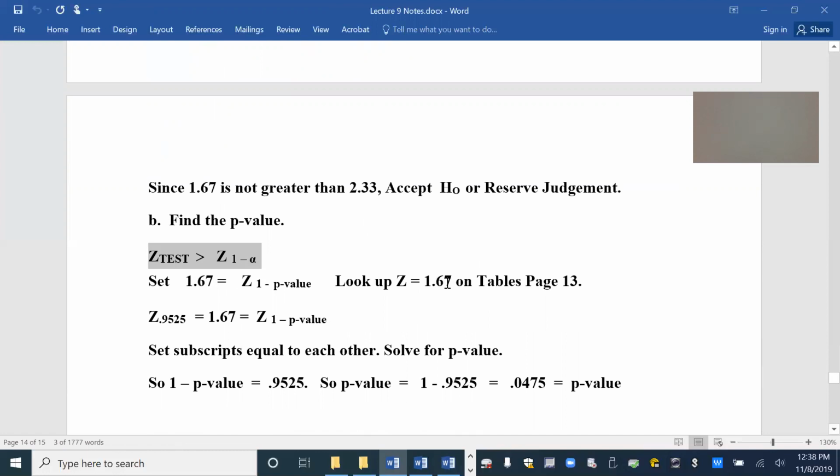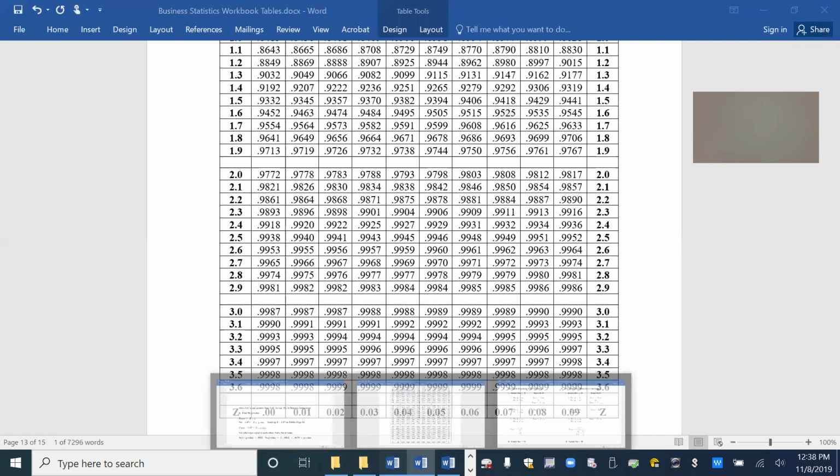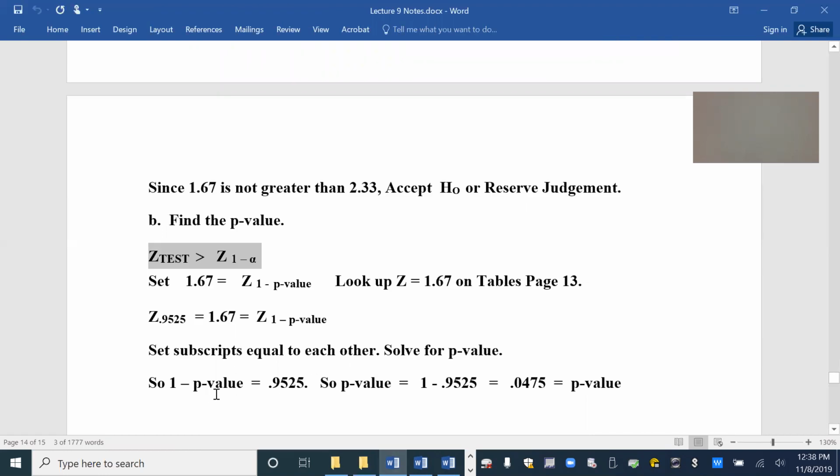I look up 1.67 in the tables. 1.67, there we go, 0.9525.